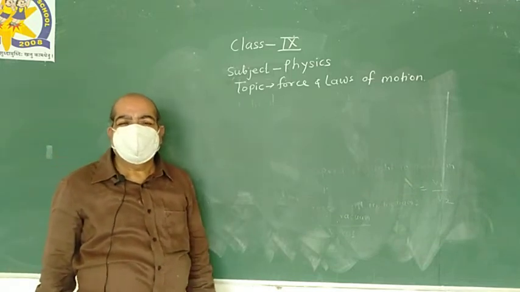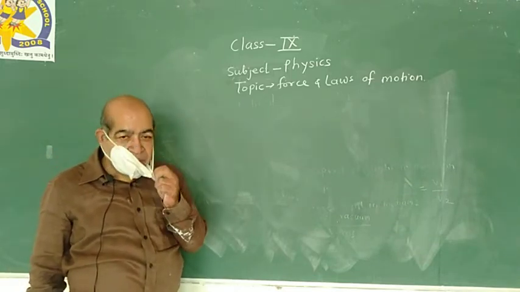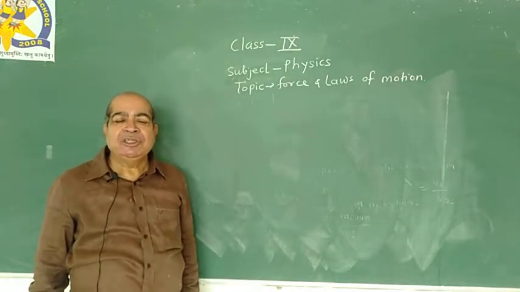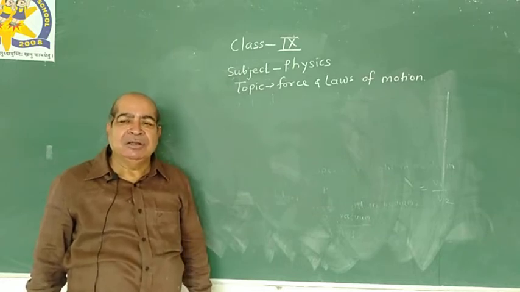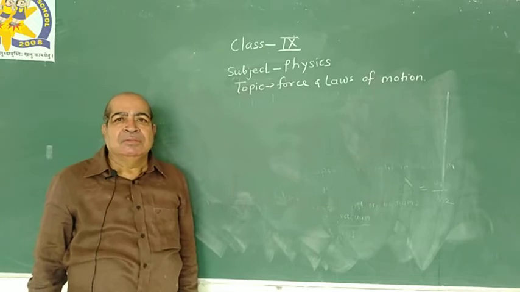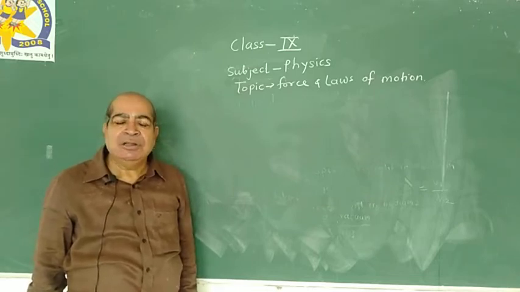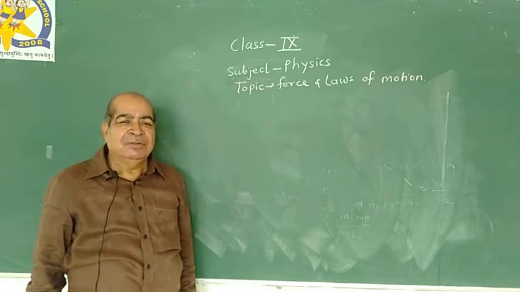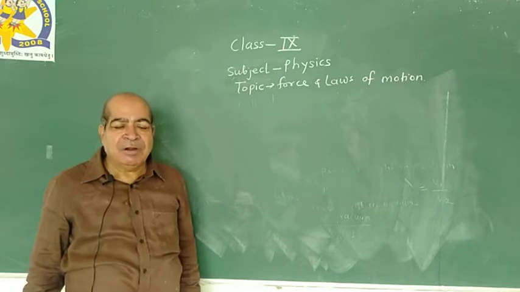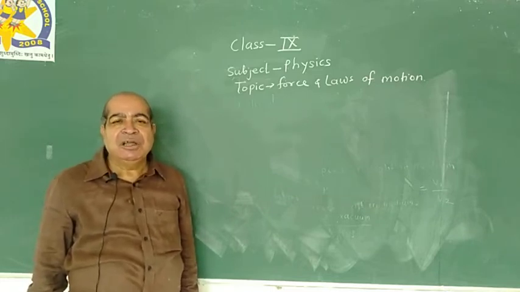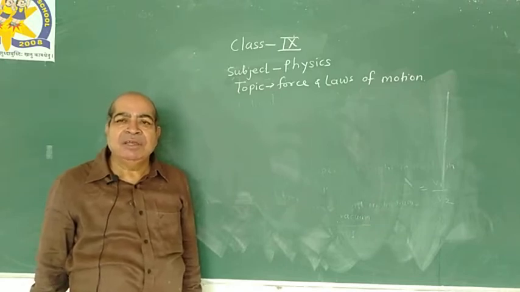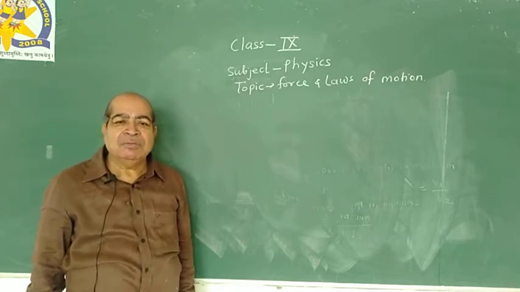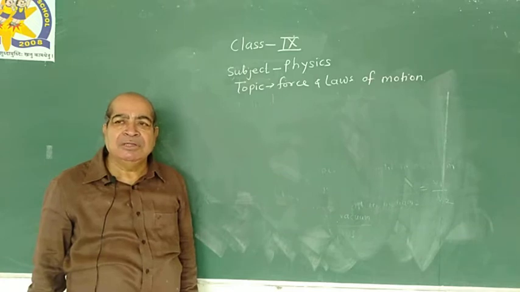For many centuries, different scientists thought about what causes the motion of an object along a straight line, which physical quantity is associated with the motion of the object, or is the cause for the motion of the object.